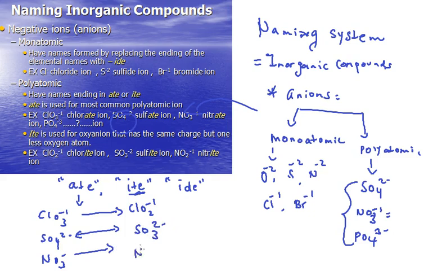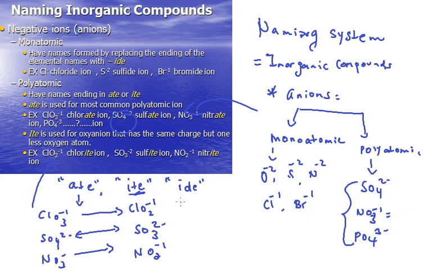Nitrite is going to be NO2-1. So the standard ions, the ones that end with ATE, are the ones that need to be studied. You can see some examples here as well: chlorite ion, sulfite ion, nitrite ion.